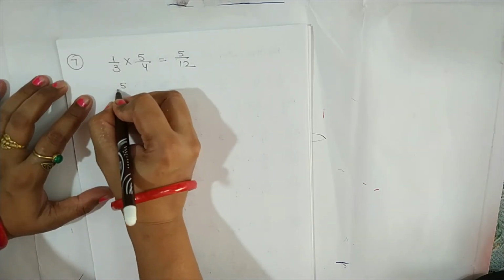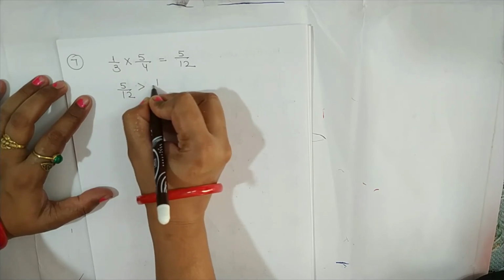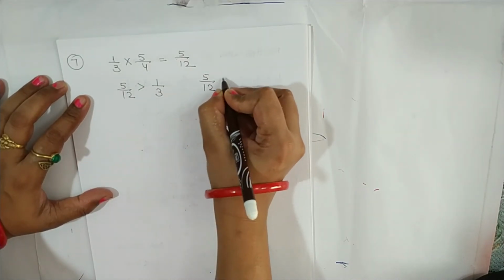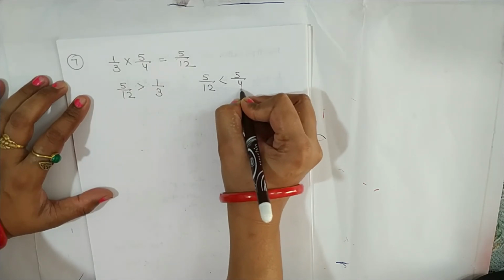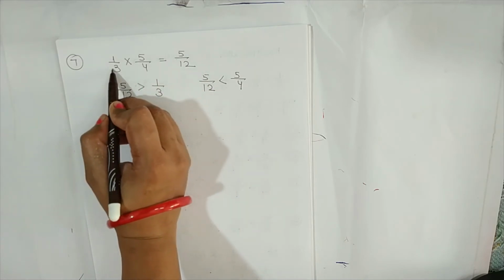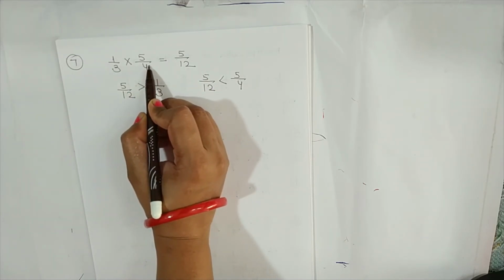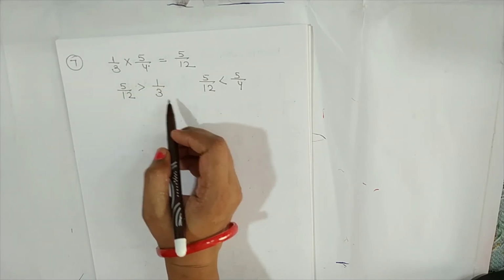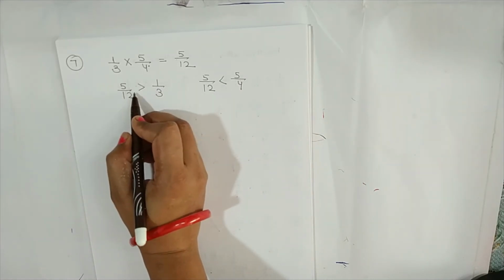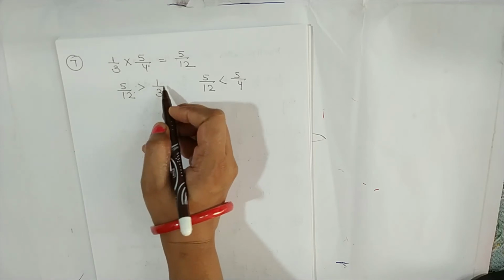So 5 upon 12 is greater than 1 upon 3, but it is less than the improper fraction. So we can say that the product of a proper and an improper fraction is less than the improper fraction and greater than the proper fraction. Okay.